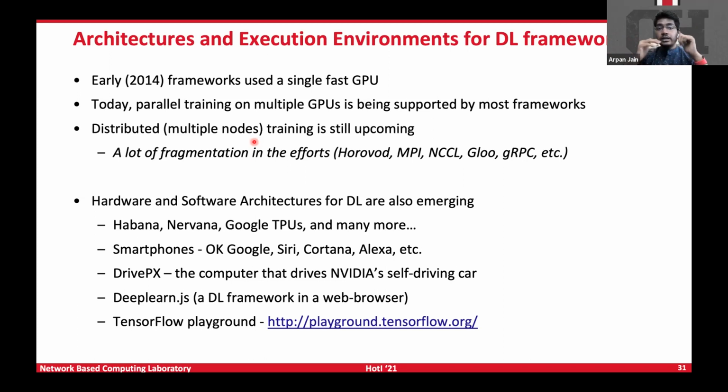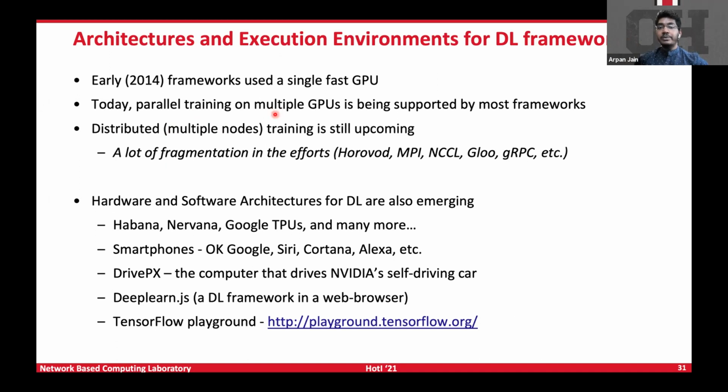So he introduced parallelization. He implemented the distributed training by himself, because at that time most of the frameworks supported only a single fast GPU. They were not supporting multi-GPU training. However, today parallel training on multiple GPUs is supported by most frameworks.